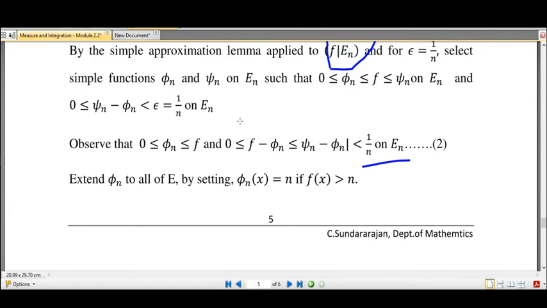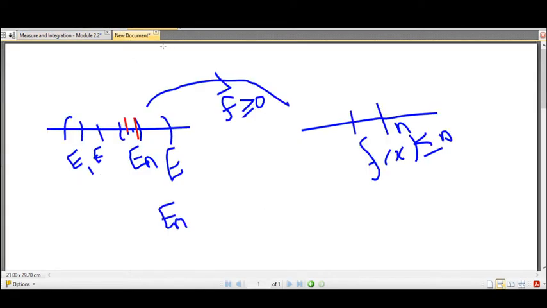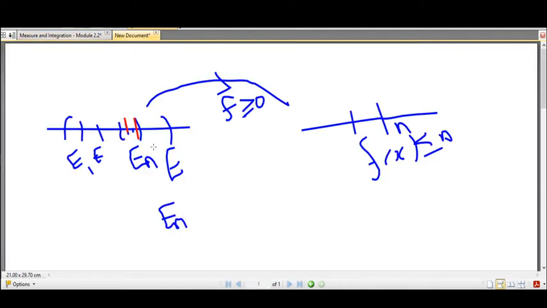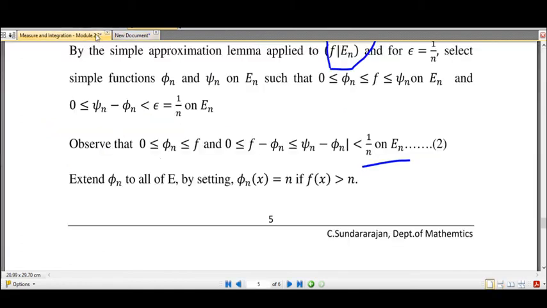Now phi n is defined on En. We extend phi n to all of E by setting phi n of x equal to n for f of x greater than or equal to n.